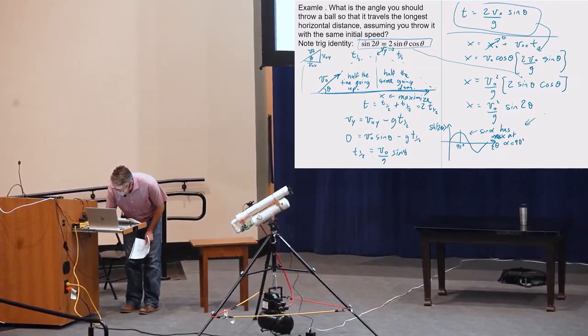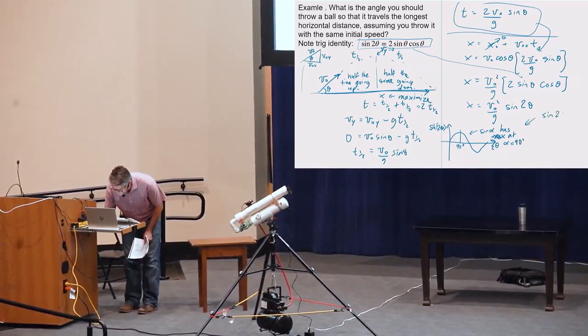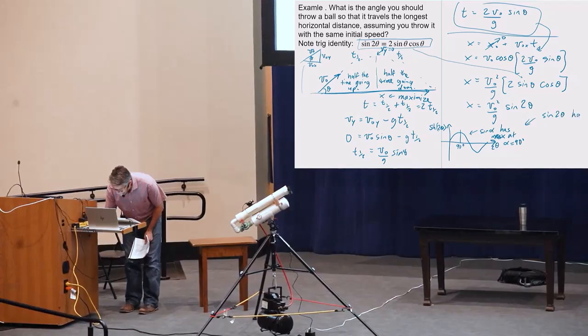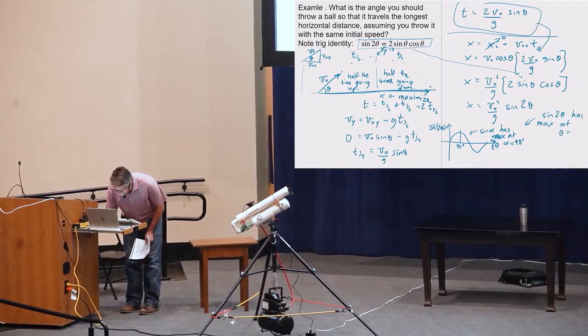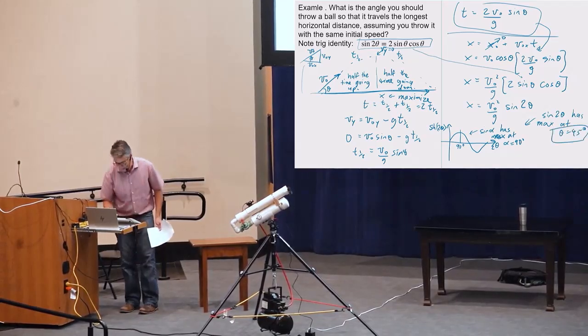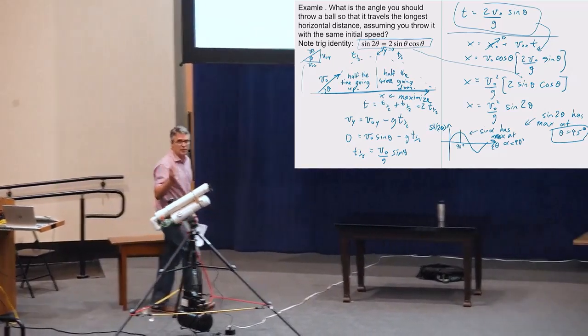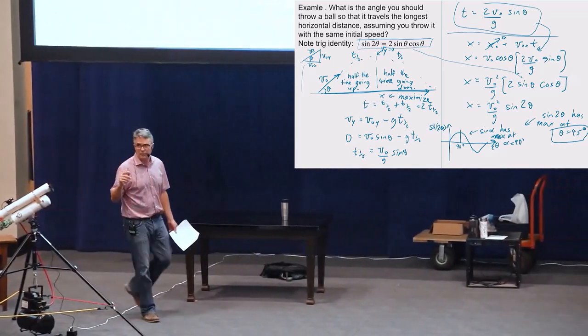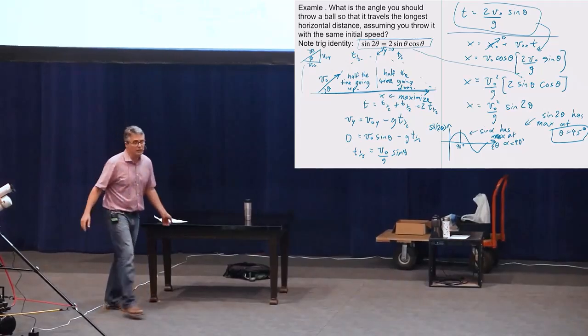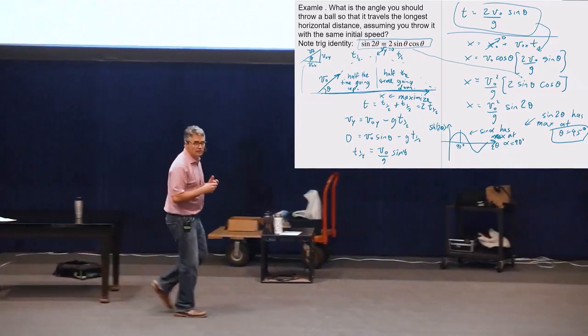So I would say that sine 2 alpha, 2 theta, has a max at theta equals 45 degrees. So that means, assuming that g is constant and V0 squared is constant, the sine 2 theta should max out at 45 degrees. So that's the angle you want to try to throw something if you want it to go the farthest distance.